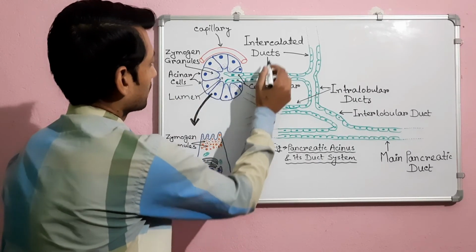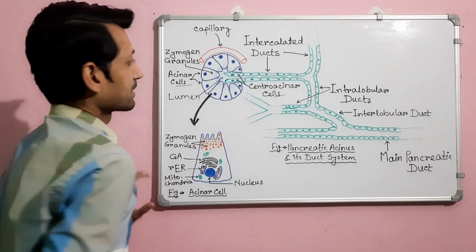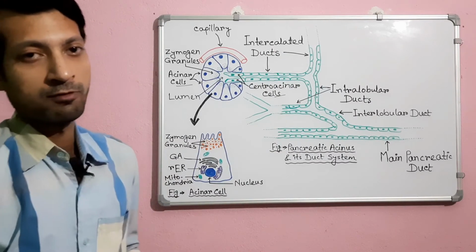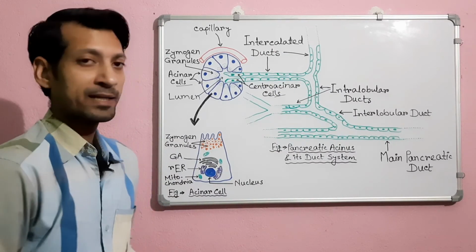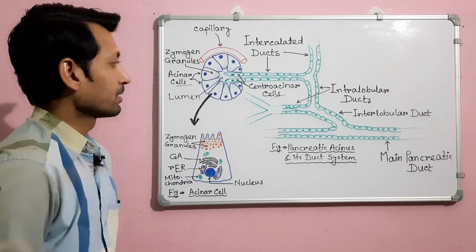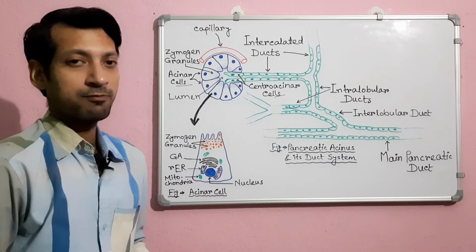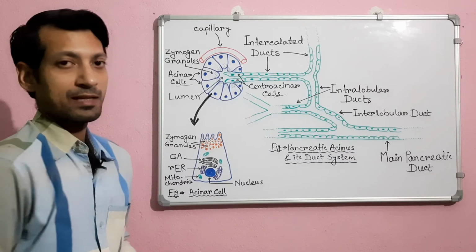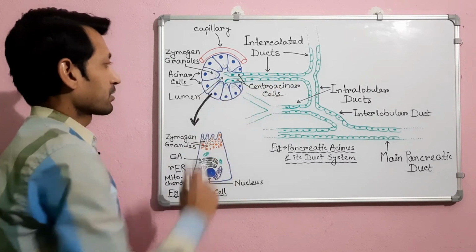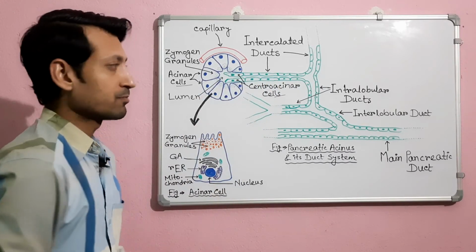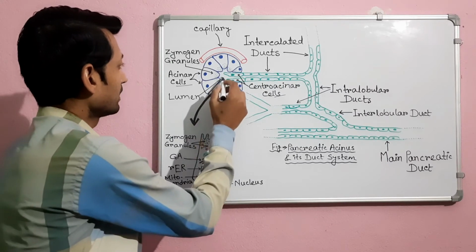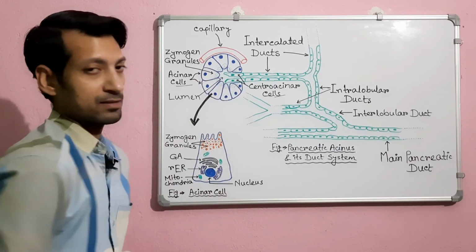The cells of the intercalated ducts secrete a huge amount of fluid rich in bicarbonate ion. The bicarbonate ion rich fluid alkalinizes and transports the hydrolytic enzymes which are produced in the pancreatic acinus.